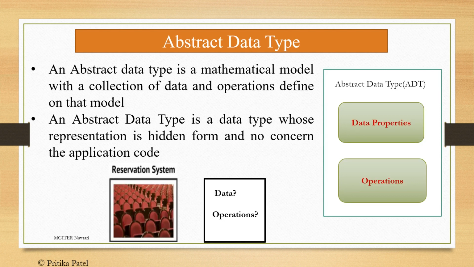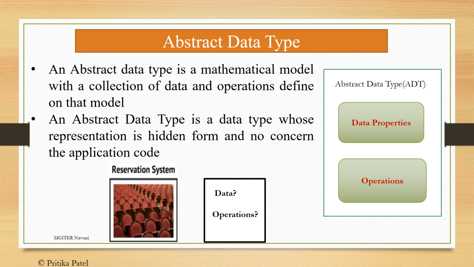Now, next is abstract data type, that is ADT. An abstract data type is a data type whose representation is hidden and of no concern to the application code. Here, an example of ADT is given. We have a reservation system.